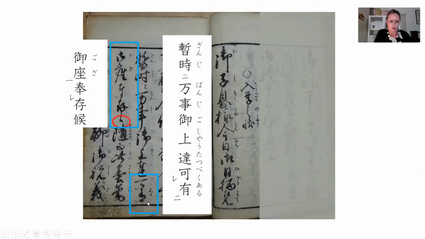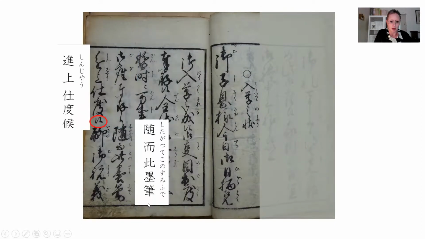Sorry, going back to where we were, tashi, and then this te is shikoshite, normally read as shikoshite as a kanji, normally used for the te that follows normally a renyoke.